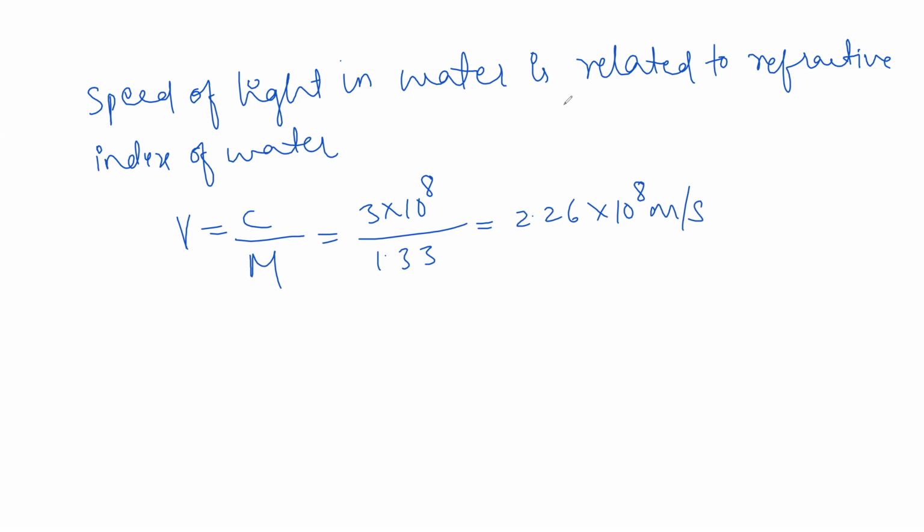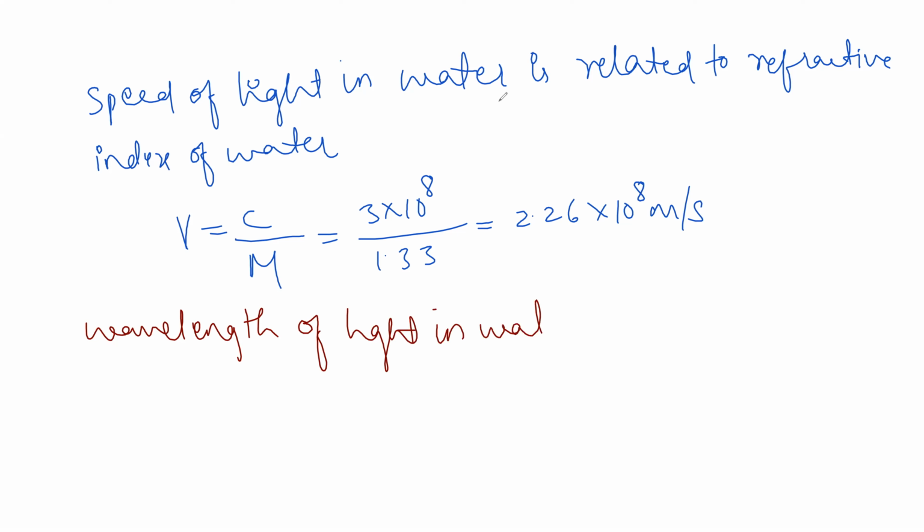Then next we have to calculate wavelength. Therefore, wavelength of light in water is given by the formula lambda is equal to V divided by nu.